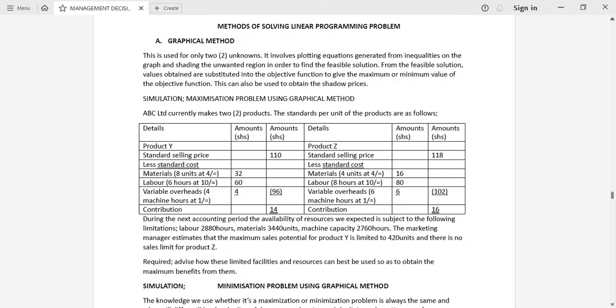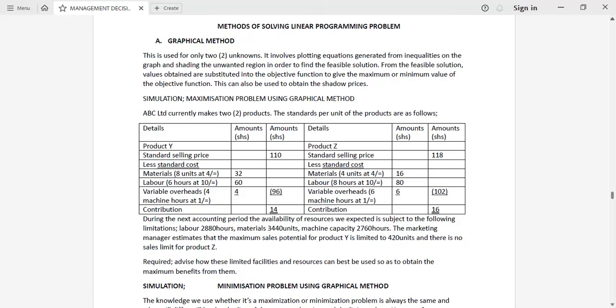So that's the only bit that we are going to add on what you had studied at level 1 quantitative techniques. The other things are the same way that we've been doing.